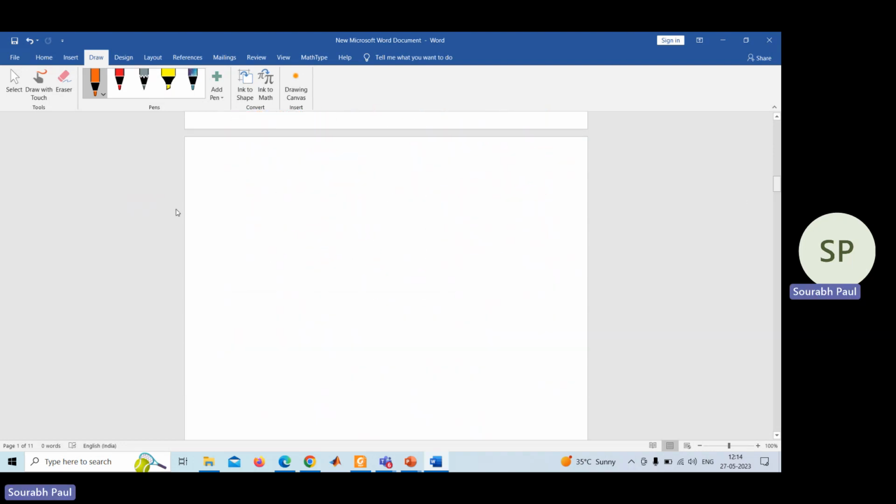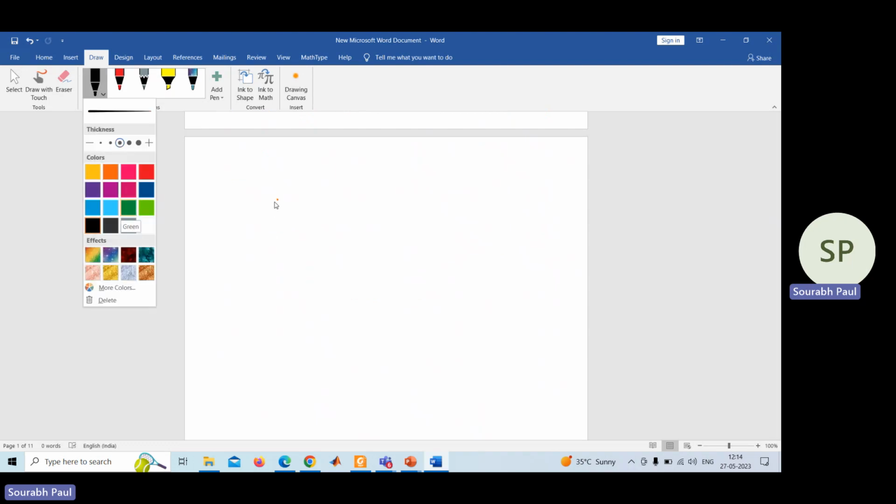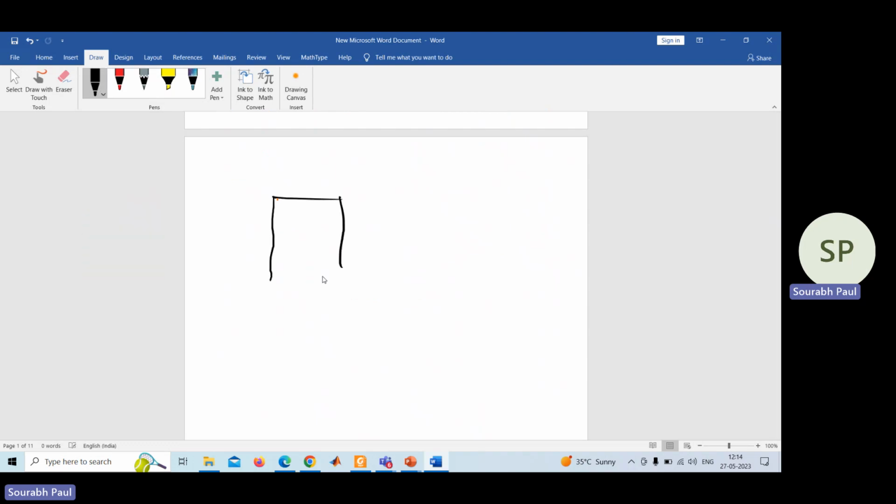Now we need to make the circuit. So how many flip-flops you need to use? We have already found out two flip-flops are there, J1, K1, Q1, Q1 bar, and for the second one also, J0, K0, Q0, Q0 bar. Then what we got?